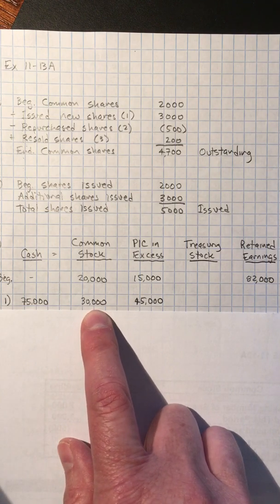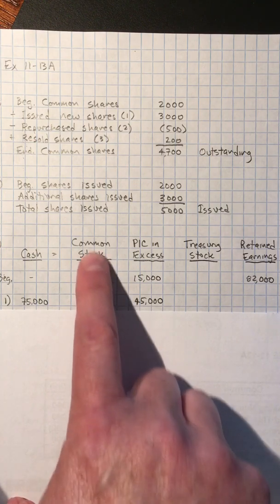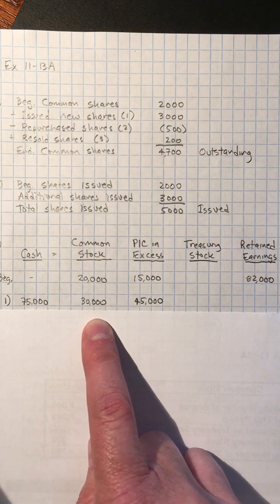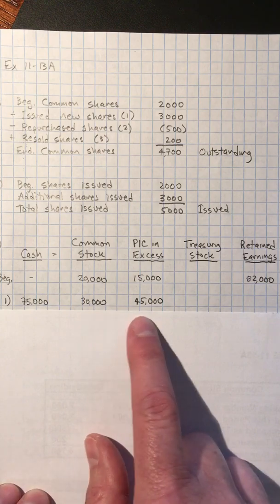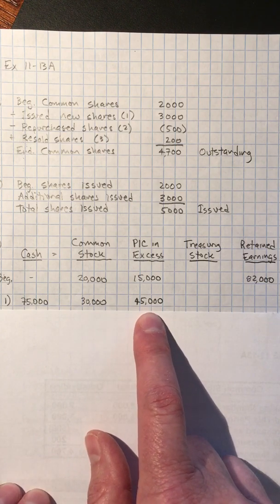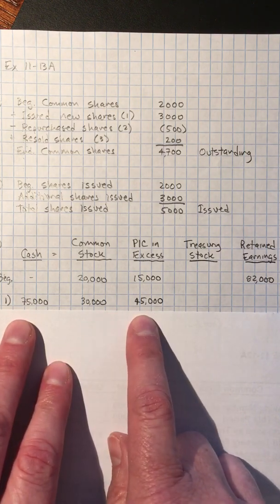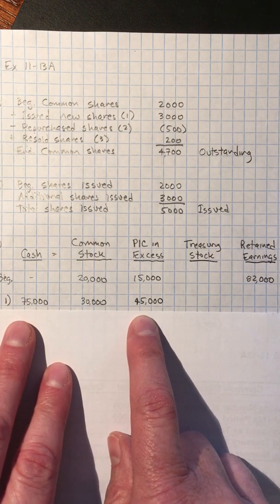So 3,000 times $10 is $30,000. Remember, changes to this column here are always done at par. And so then the excess, $25 over $10, if you want to do it on a per share basis, times 3,000 is $45,000 in paid-in capital in excess. So on both sides of the equal sign, I have $75,000.